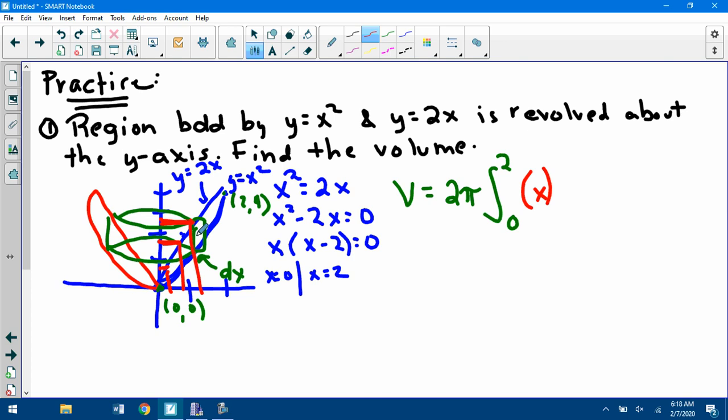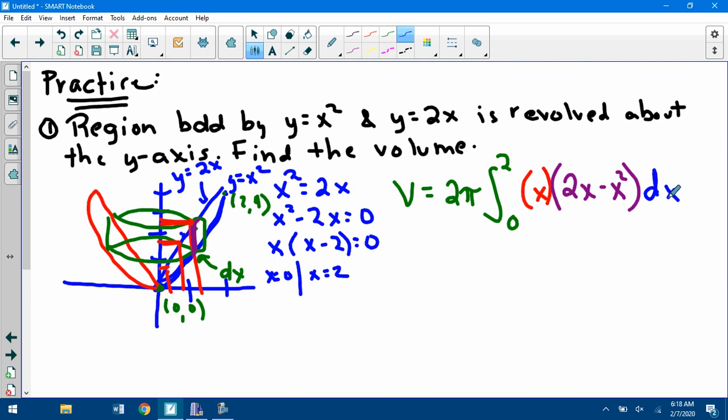The height of the shell is just this part of our rectangle. So what would that purple height be there? It's top minus bottom. So the top equation is 2x minus the bottom equation x squared, dx.